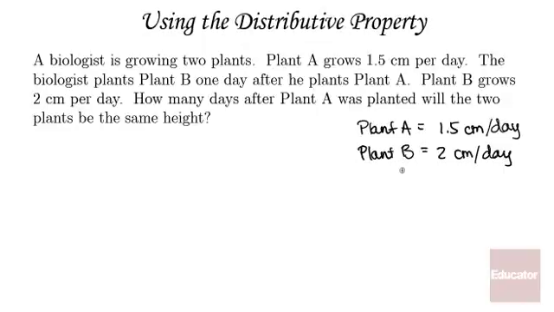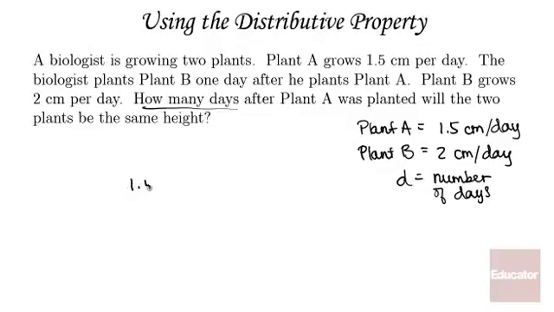So let's say D equals the number of days, because that's what we're looking for. We're looking for how many days. So we're going to say D represents the number of days that it will take for the two plants to catch up. Well, that means if they catch up, they're going to have the same height. So we can set them equal to each other, keeping in mind that plant B was planted a day later.